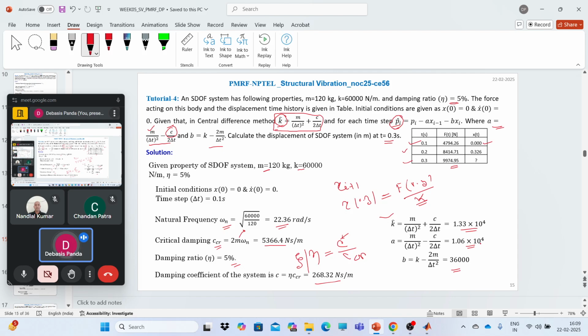Can you please cross check these things, whether we are getting the values or not? If you are getting the same answer as I have here, that means our solution is fine and we can go for this answer in the final assignments.